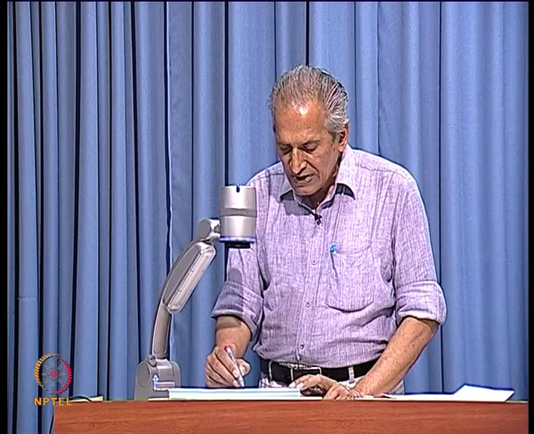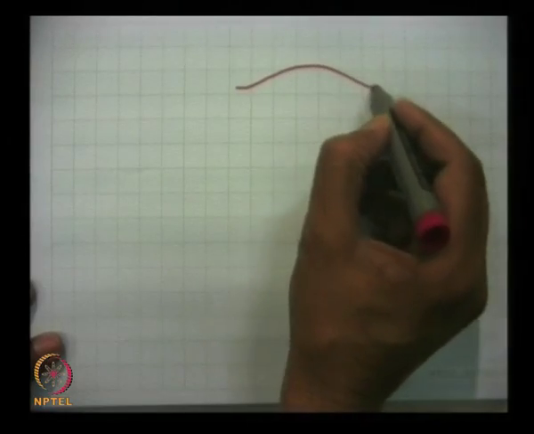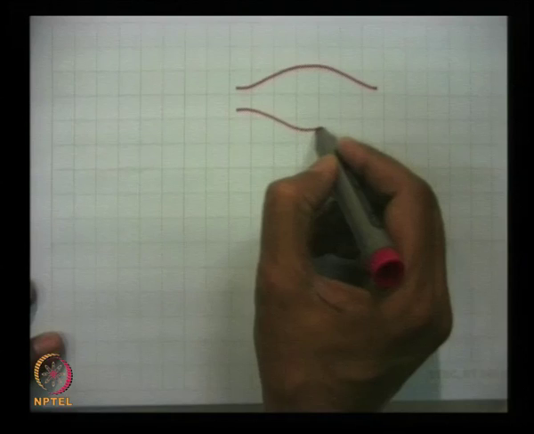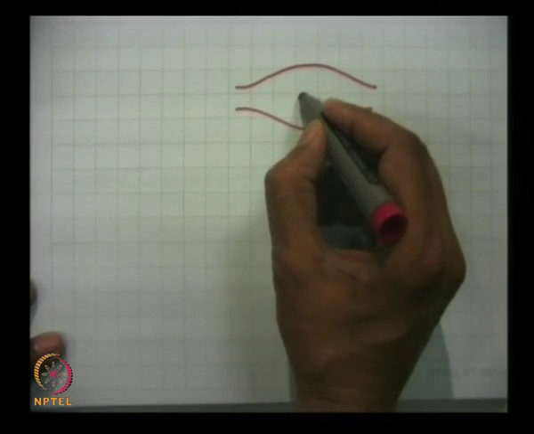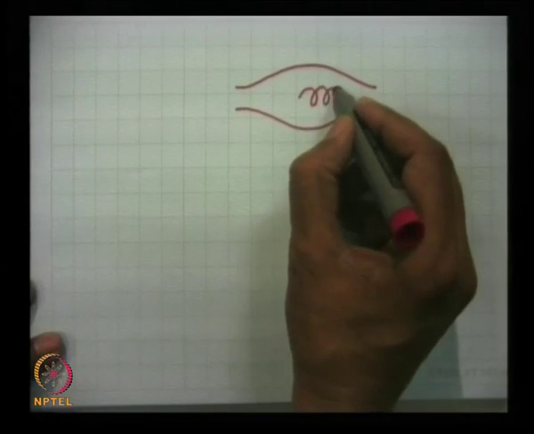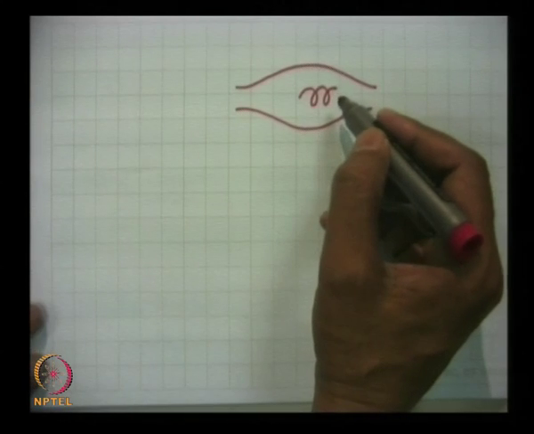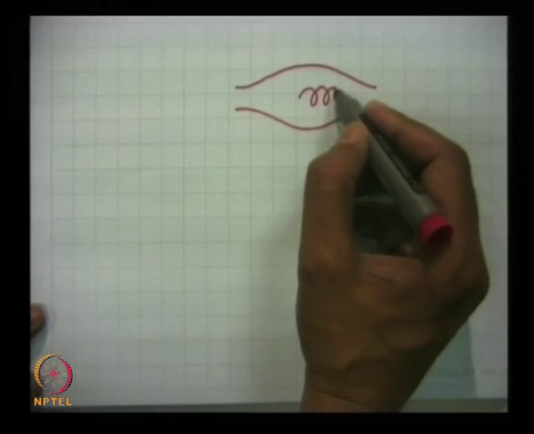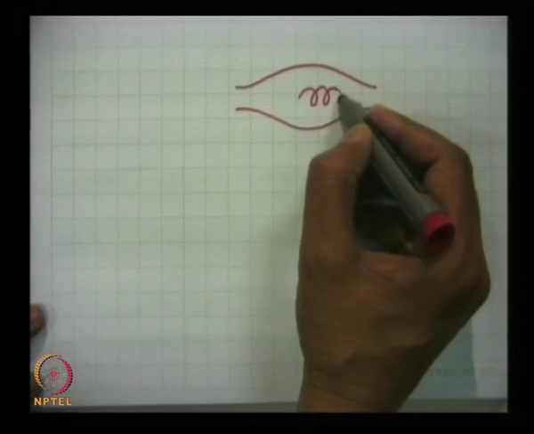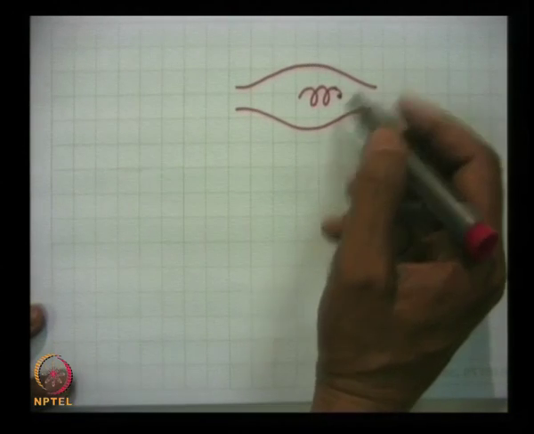So, what is happening is that this is your mirror machine. When the electron goes from here towards here, mu remains constant, and somewhere the electron may encounter Vz equal to 0.